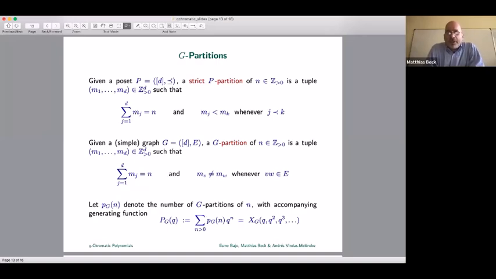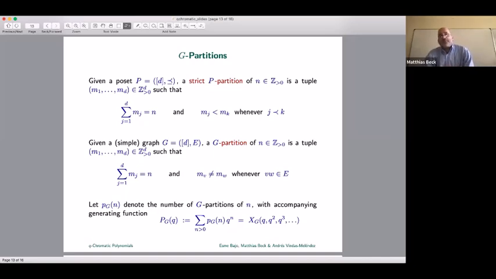A P-partition is a concept that you have on a poset, where you look at all tuples of length the size of the poset that sum to n, and the entries of the tuple respect the poset. For the people who do P-partitions, I'm using order-preserving maps, and in fact I want strictly order-preserving maps.